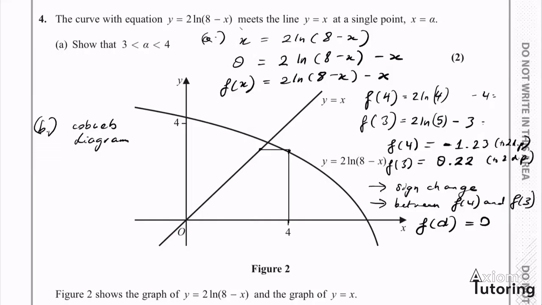So just be really careful how you draw these. It's hitting there, and we're going across here. We hit our y equals x graph, and now we're going to do the same thing again. The only way for us to go is up here, and then it hits our natural log curve. So then we stop there, and then we repeat the process again. We're going to go across along the x-axis now, and it hits the y equals x curve.